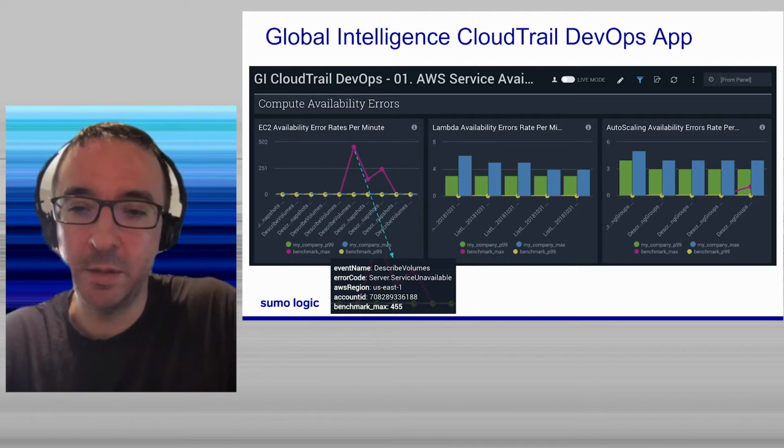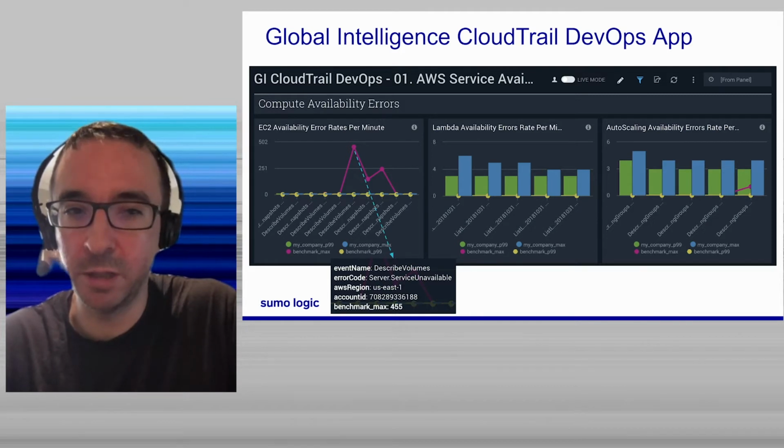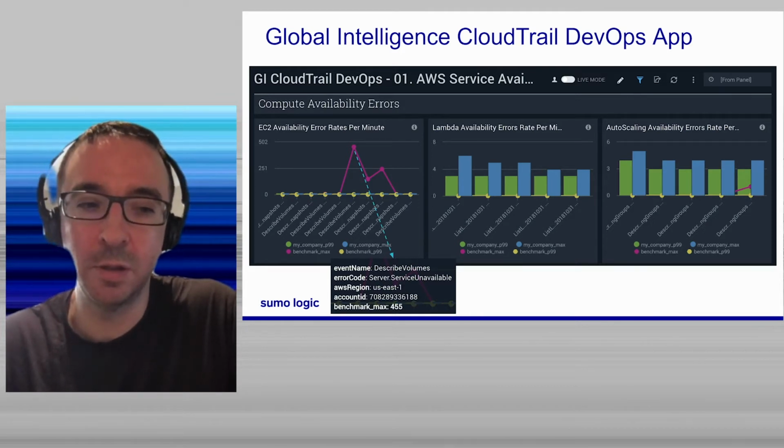In these example dashboard panels, you see how many errors you yourself are getting in your own app and infrastructure, with an overlay showing some statistics about the global benchmark rates that we're seeing for all of the other customers. This information is meant to provide a richer context through which you can interpret and understand your own error rates and help inform two possible courses of action.